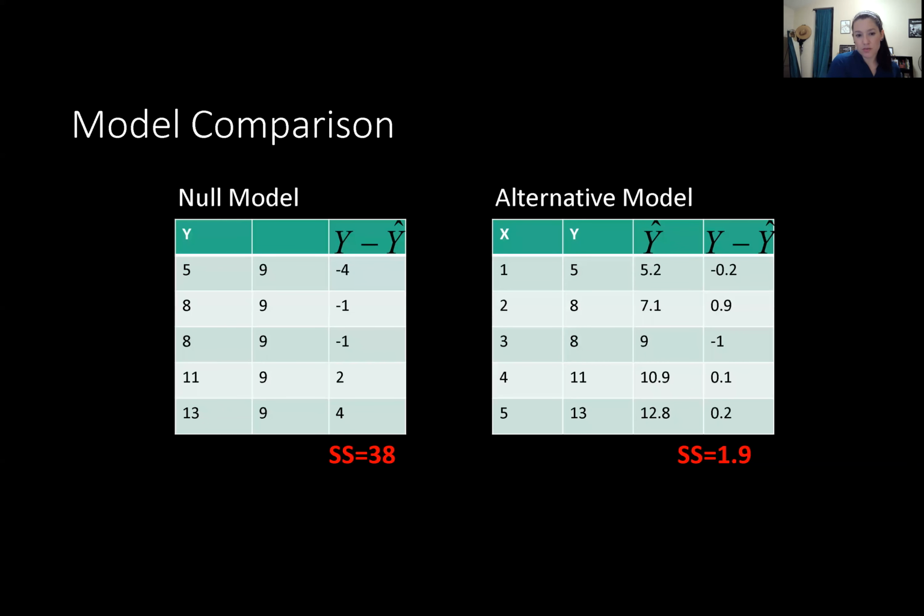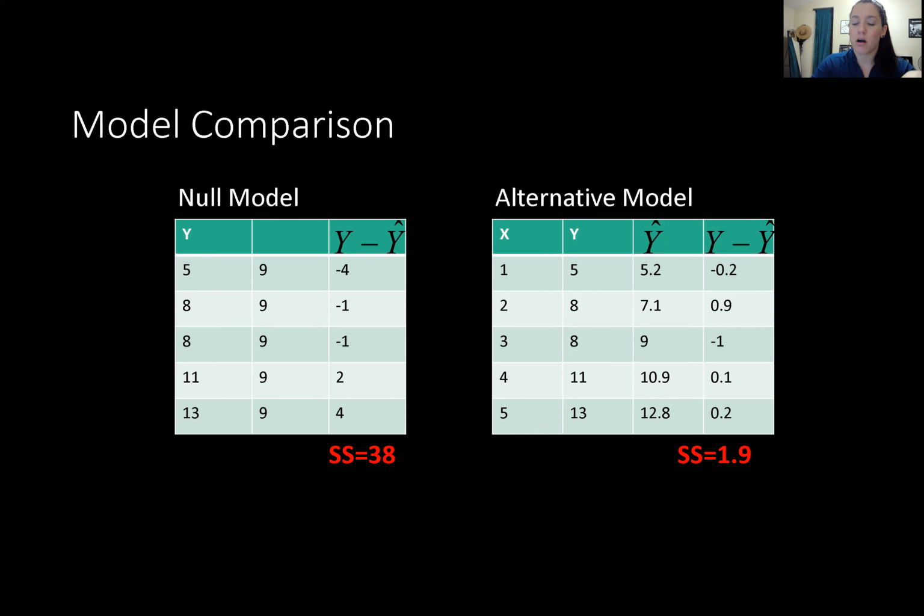All right, so let's think about the alternative model and the null model as far as what it actually looks like when we put the data on it. So if we can use the raw score of y to predict y hat, which we've obtained because of the least squares method, then let's think about this conceptually.